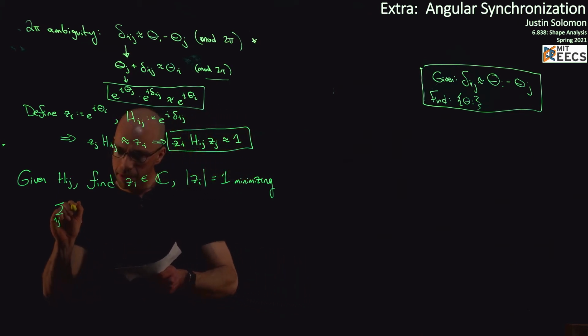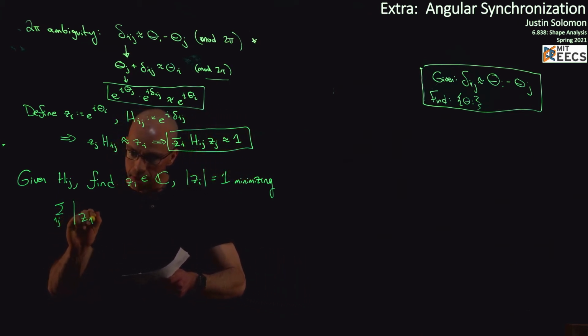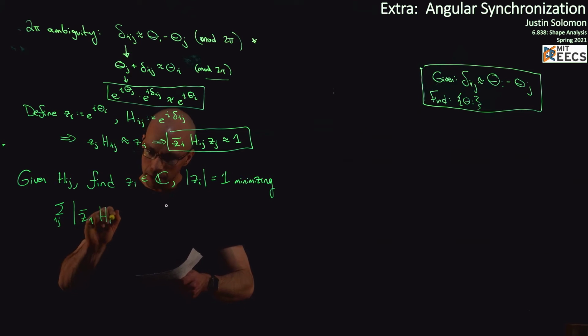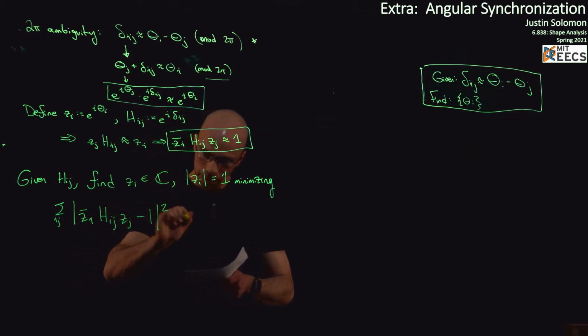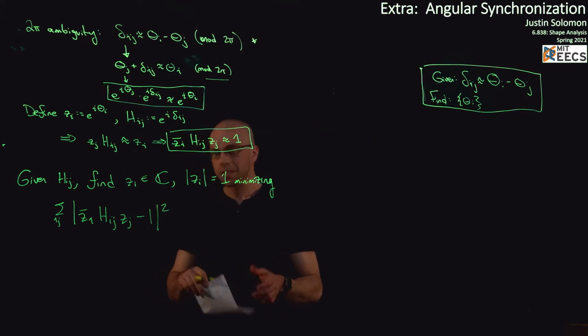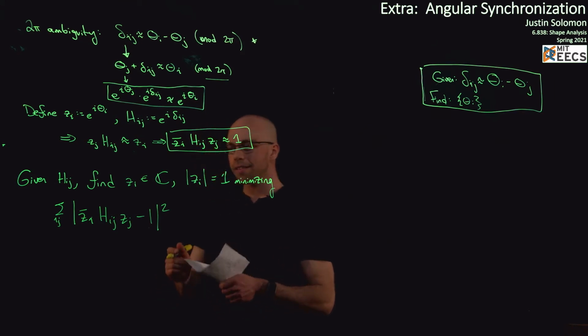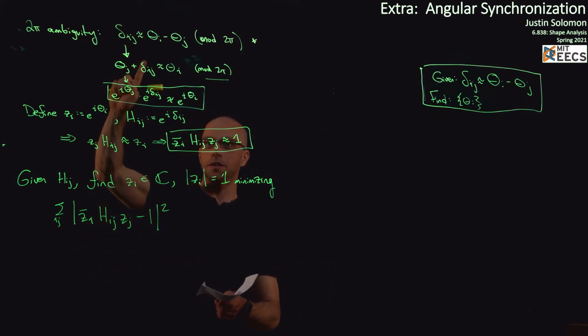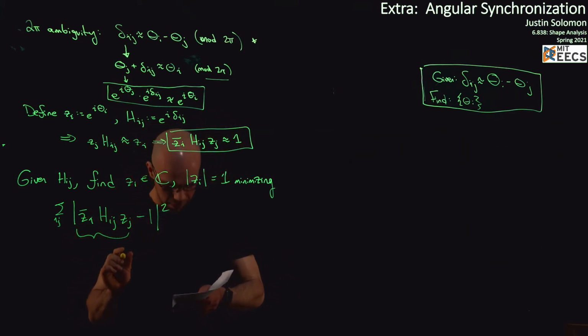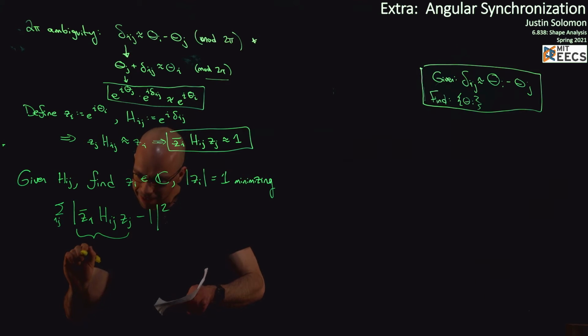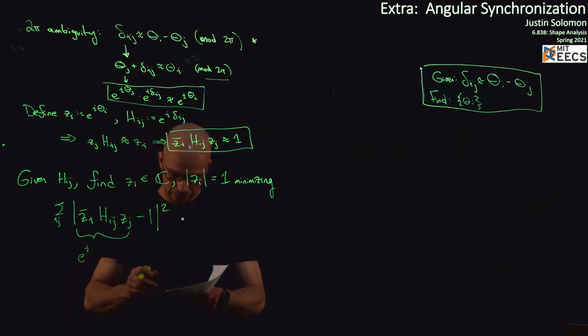So this is z_i bar h_ij z_j minus 1, absolute value squared. And just as a sanity check, if you follow our derivation backward here, you'll notice that this expression here is nothing more than e to the i, let's see here.